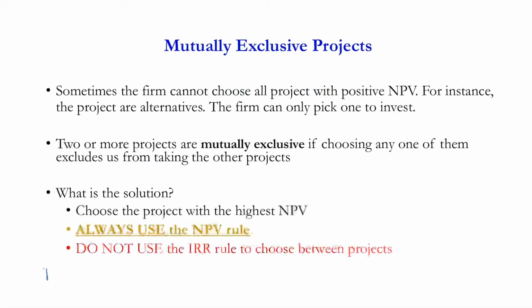So let's say I have two different projects, A and B. I'm going to calculate their IRRs, IRR for project A and IRR for project B. If IRR for project A is larger than IRR for project B, I'm going to choose project A. However, we are not going to use the IRR rule to make a decision about choosing the projects.